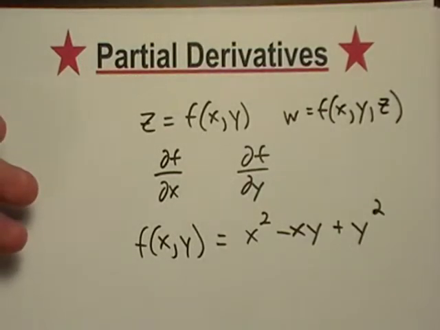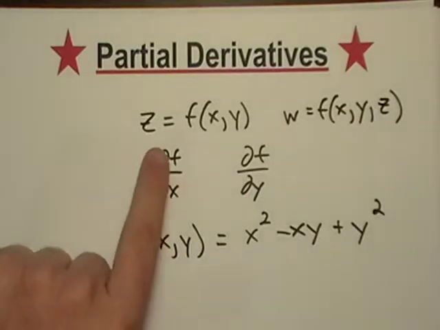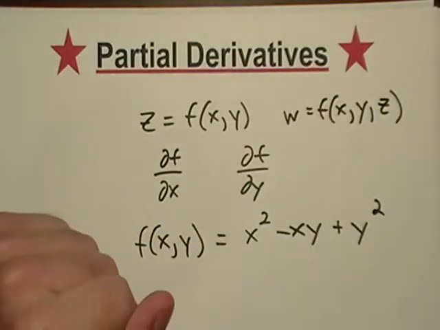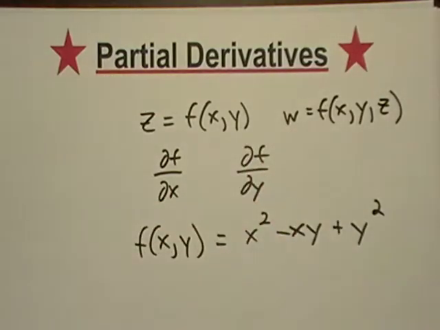Partial derivatives. This is how we look at the rate of change of a function of several variables. You usually see it as z equals f of x, y, and w is a function of x, y, and z.